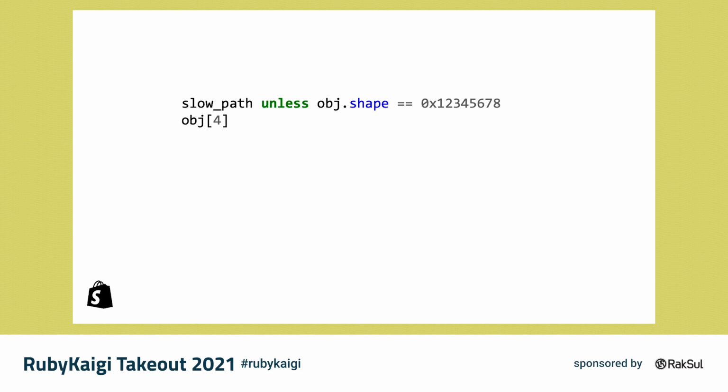Now we can do that machine word comparison and a machine read. If the comparison fails, we'll run some other slow path code far away that we don't have to worry about most of the time.